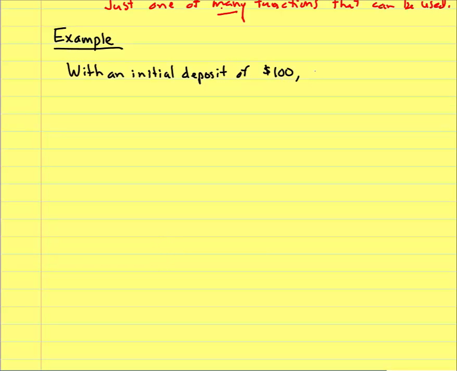The balance in that account, if I didn't add any more money, it was just earning interest. The balance in the bank account after t years is given by the function.